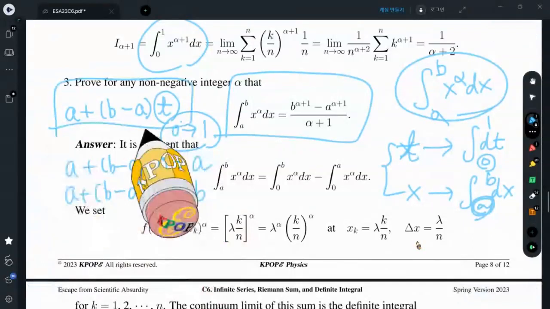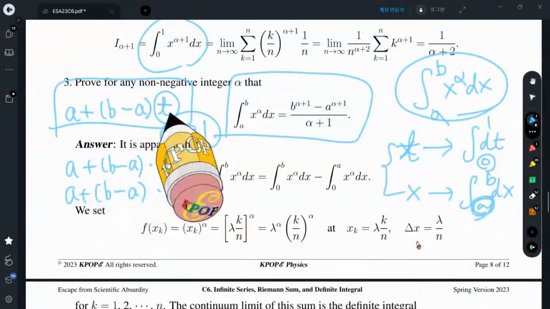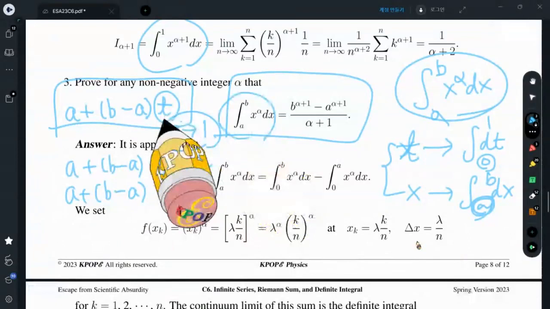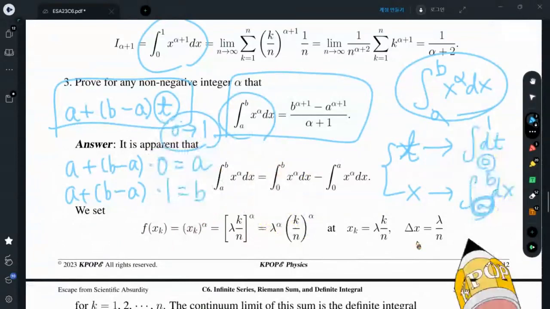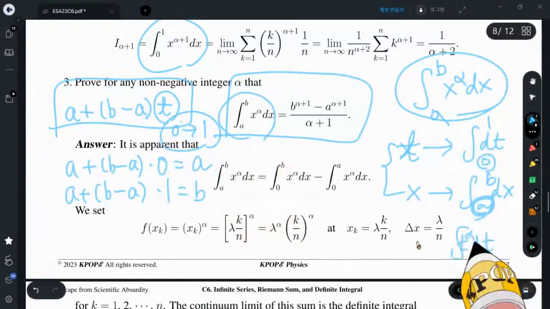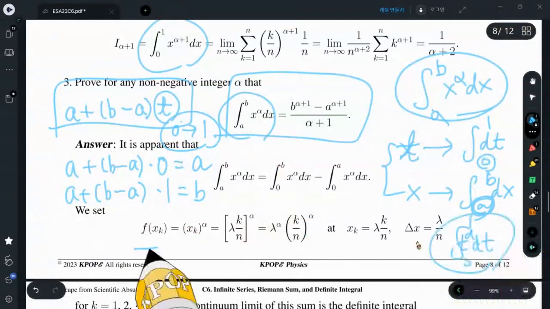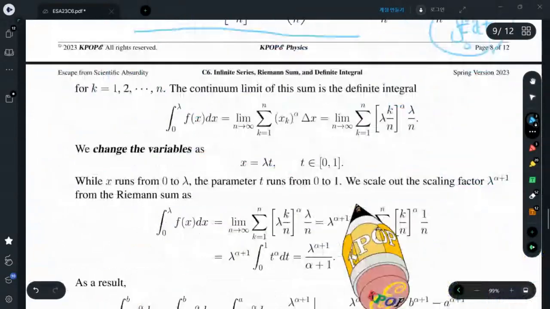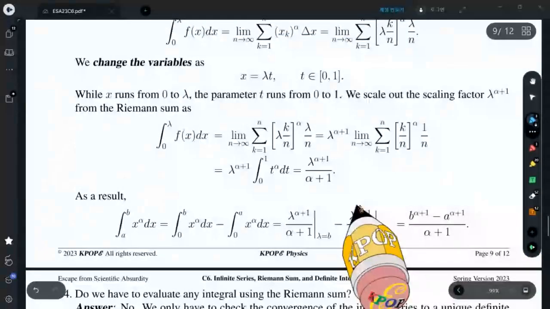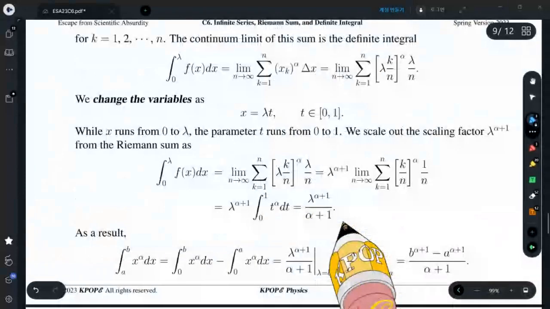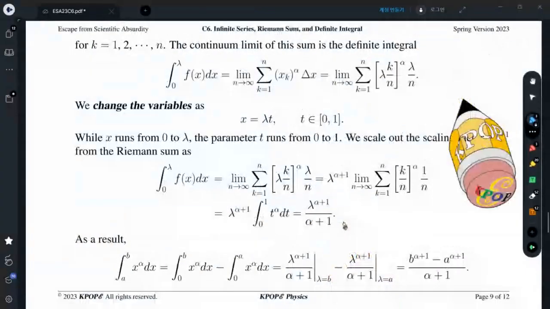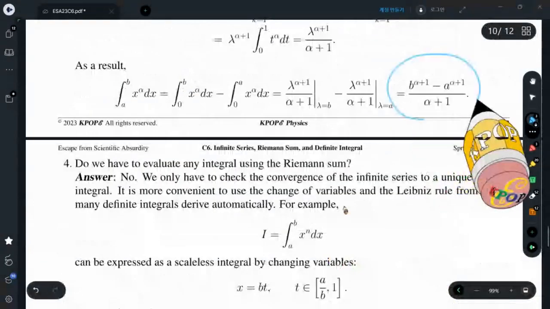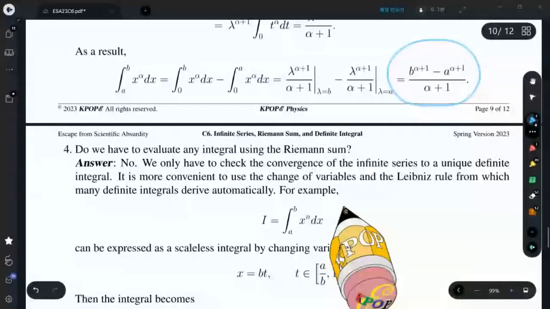Okay, so in that case, this integral table can always be generated from the simple integral table that we have obtained, t to the alpha from 0 to 1. The details of the calculations are given here. Please follow the details to find the integral table for changing lower limit and upper limit.